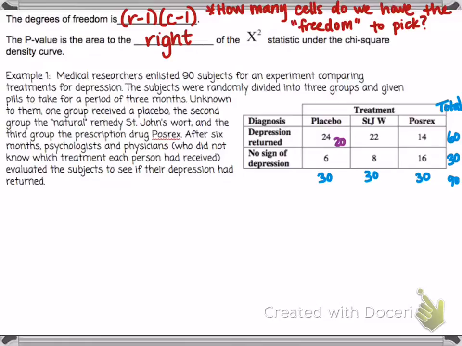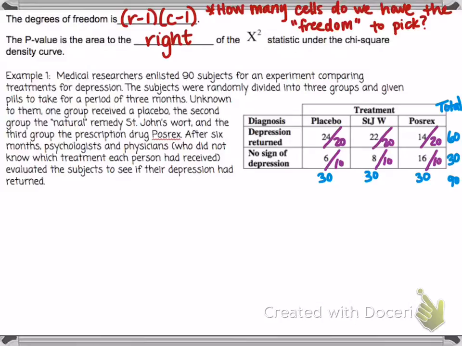And then doing that same exact calculation all the way across my table, I get 20s all the way across the top and 10s all the way across the bottom. And again, that's assuming that all of my proportions are the same. Those numbers are only the same on the top and the bottom because we had equal size groups, 30 in each group. Otherwise, they won't always necessarily be the same counts.